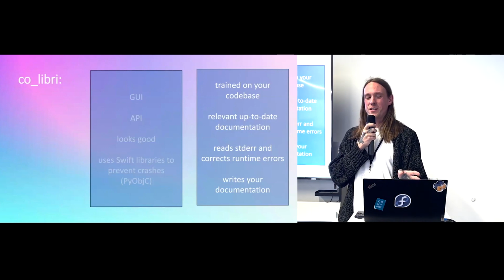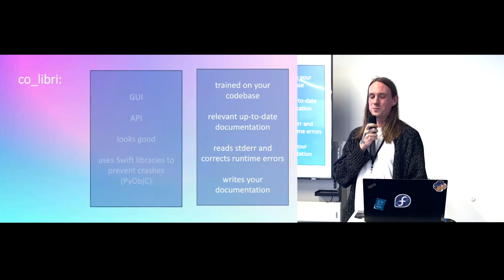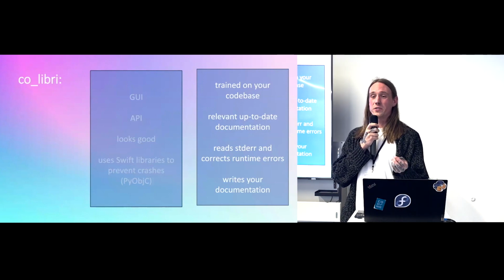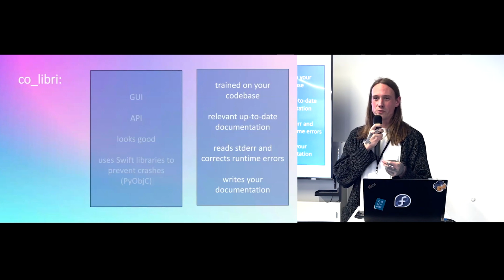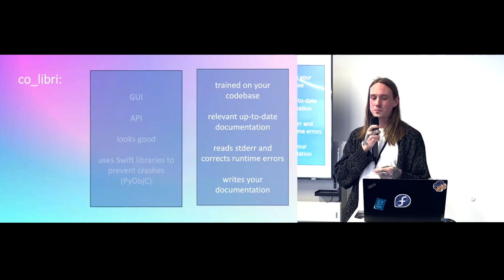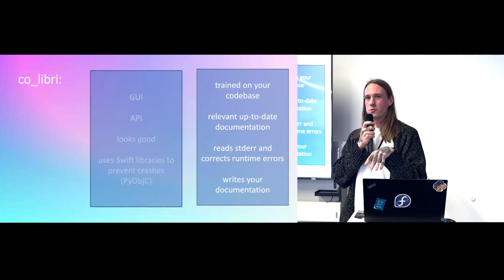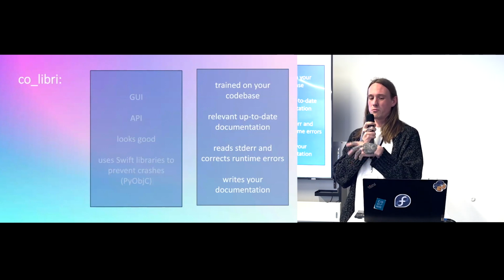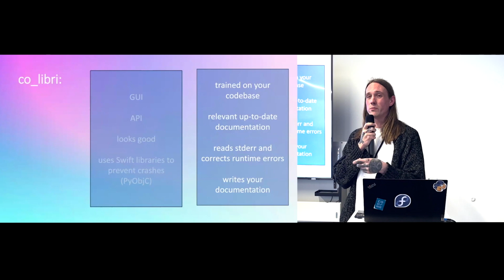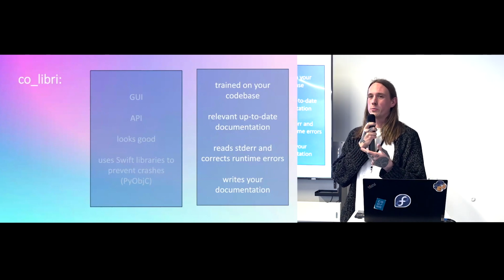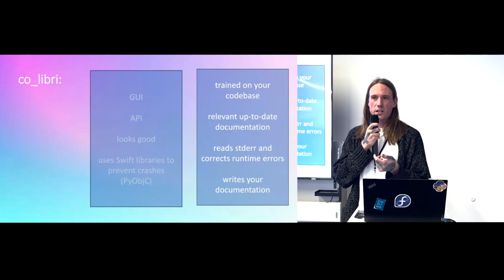It's, I would say, 70% finished. It's trained on a code base. It always has relevant and up-to-date documentation for whatever code you write. It's trained on the code you write to have that documentation ready for you, which is a problem that most coding helpers so far don't solve.